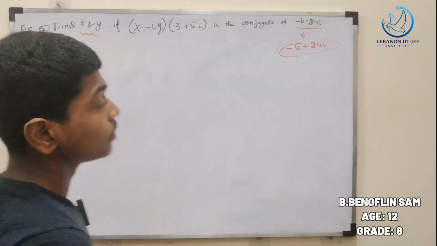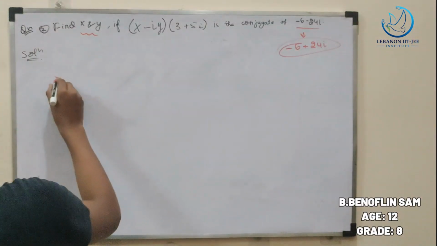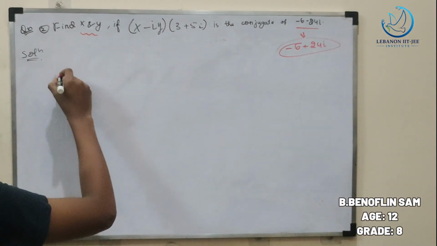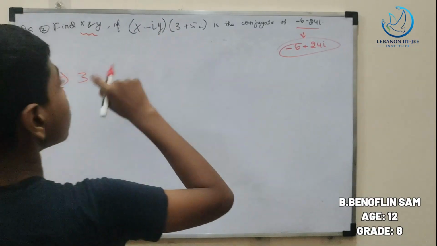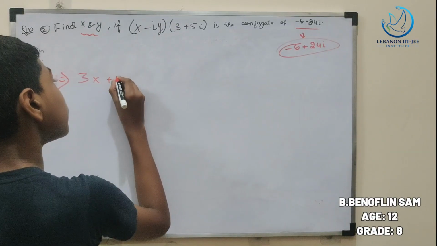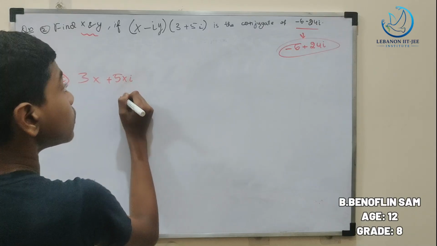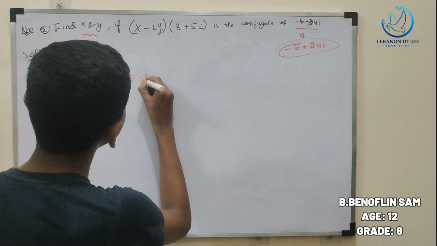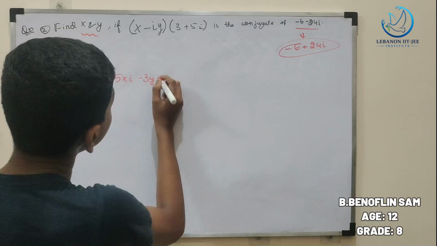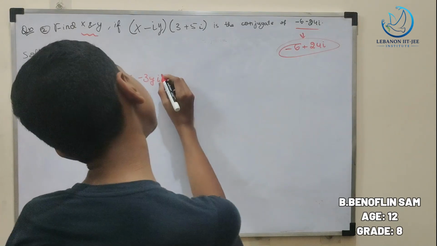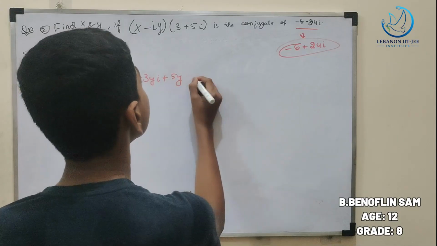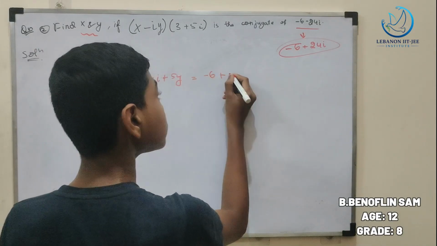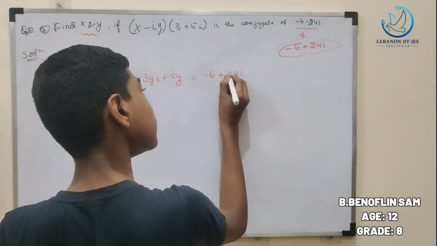If you multiply it out, you get 3x plus 5xi minus 3yi plus 5y is equal to minus 6 plus 24i.